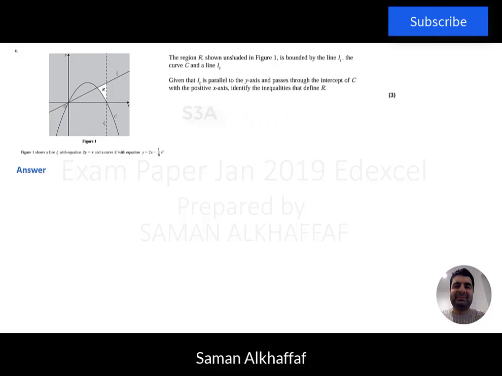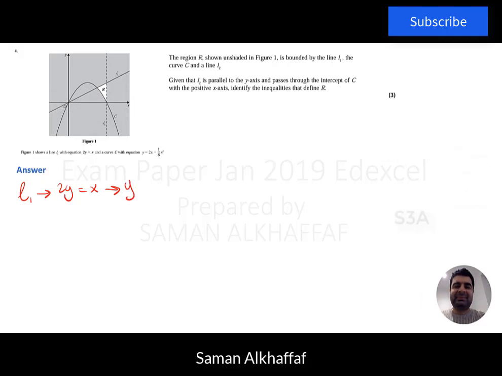So first we look at the equation of the curve. We can look at the equation L1. So we have L1 will be 2y equals x. In this scenario, to find where it will be intercepted, y will be x over 2.